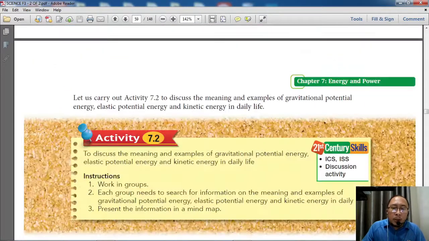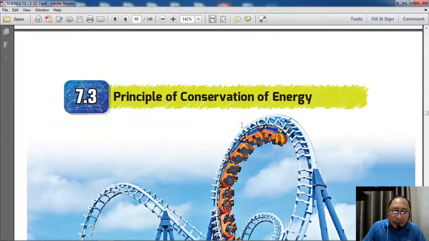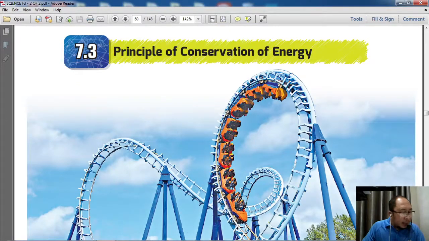Now we will look into 7.3, the last subtopic in this chapter, energy and power, that is the principle of conservation of energy. This is the basic thing that you have to understand about energy.